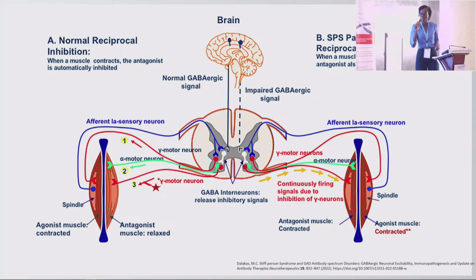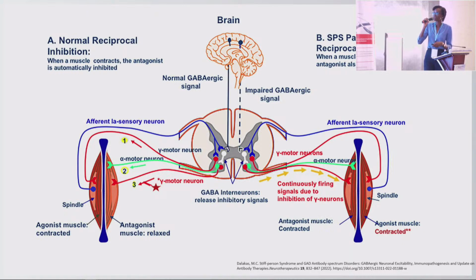So the pathology of stiff person syndrome: on the left you have the normal, and on the right you have what is pathological. Usually when you have contraction of an agonist muscle, you have the GABA interneurons, which release inhibitory signals to the antagonist muscles that then relax, which allows for normal movement.